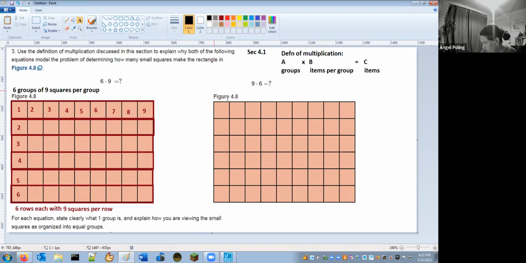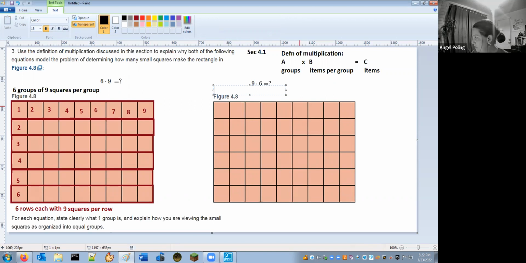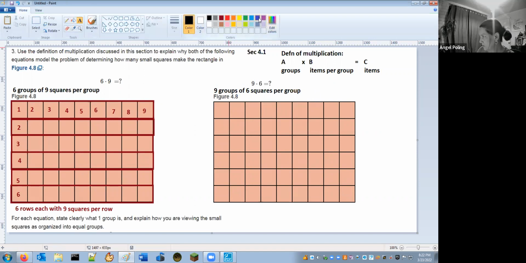On this one, we have 9 groups of 6 squares per group. So this time we'll go for columns, right? Same counting.